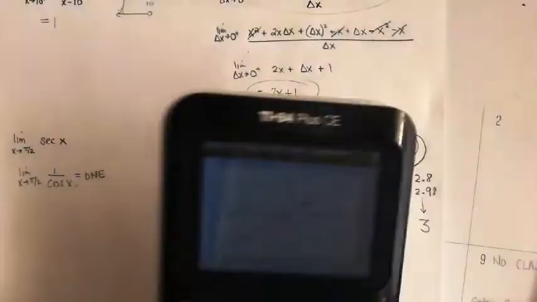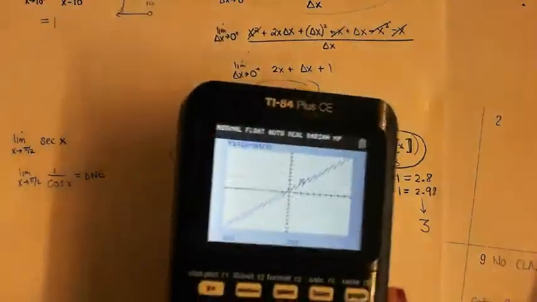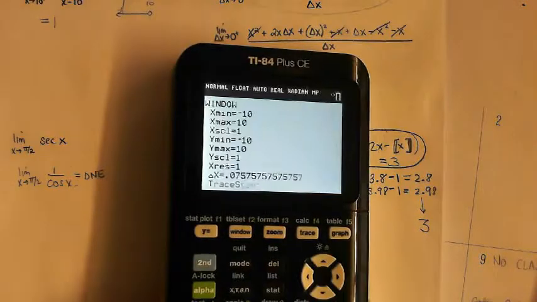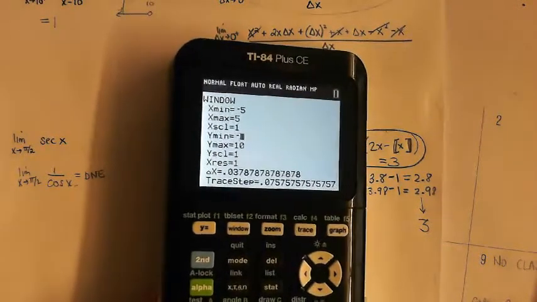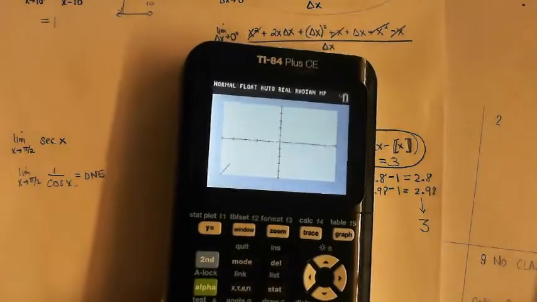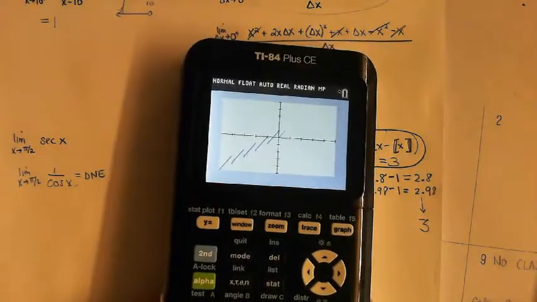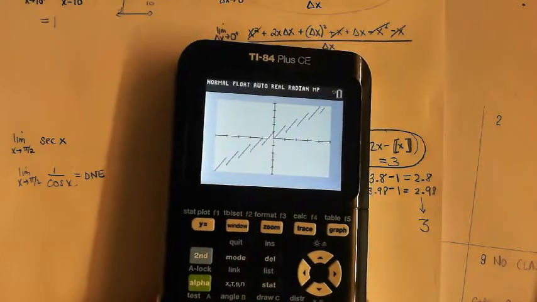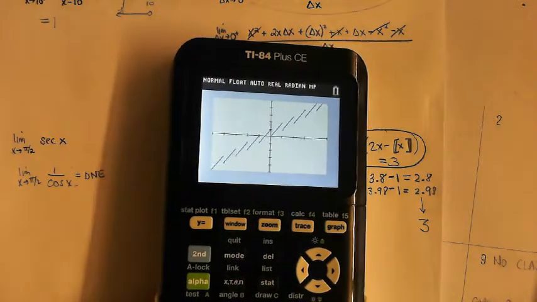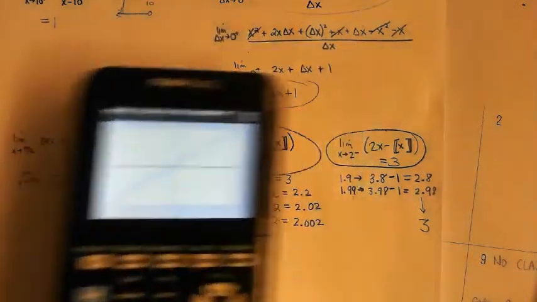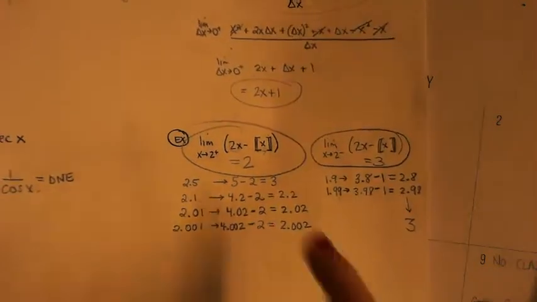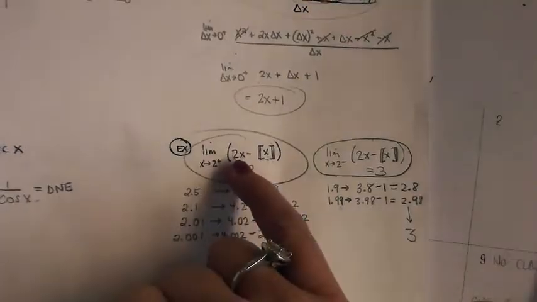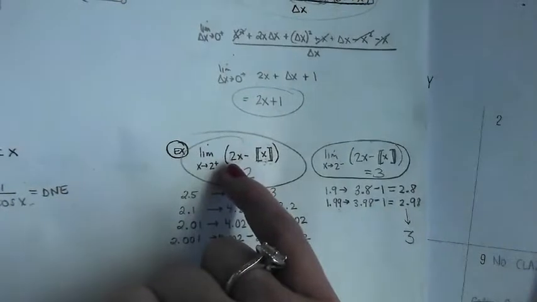But let's look at the graph of 2x minus the greatest integer function of x. So here it is. I'm going to change the window just to get a little bit closer in so you can see what's happening. This might be the first greatest integer function that we've seen like this, where the steps aren't horizontal, right? Any feeling as to what's causing that when you look at the function? I think it's the other x that's wrapped up in the calculation.